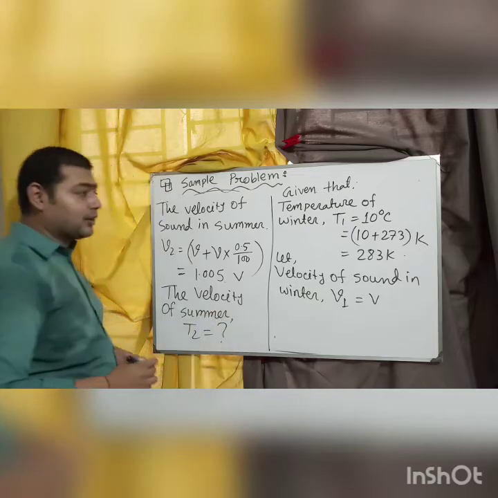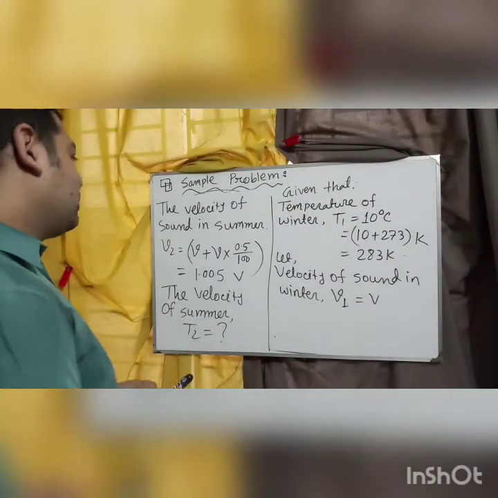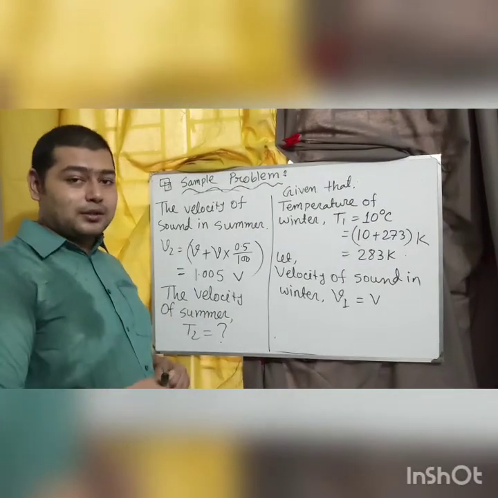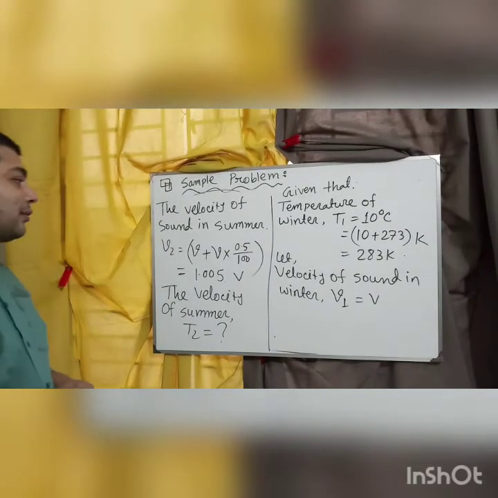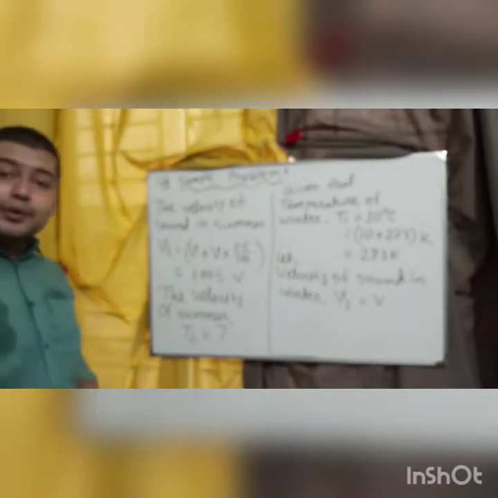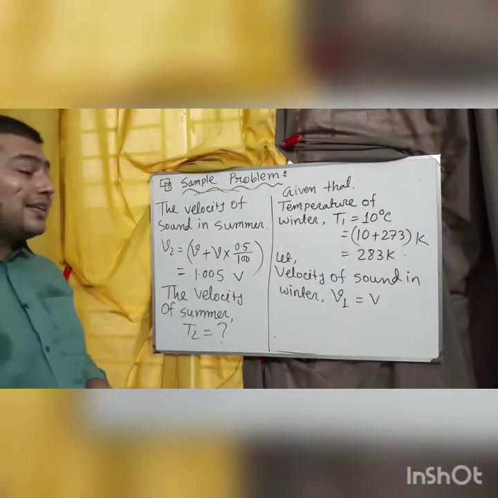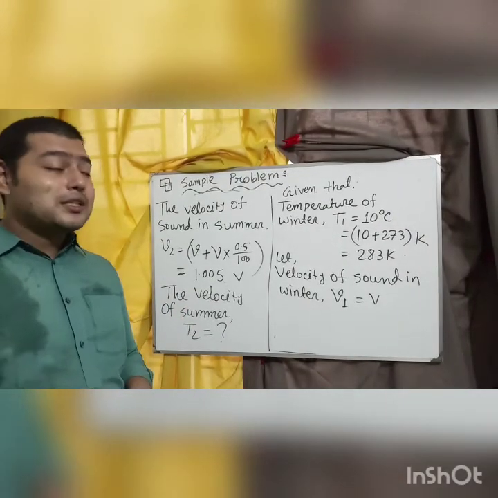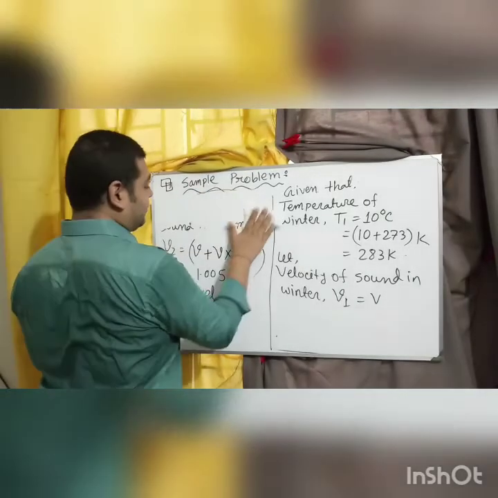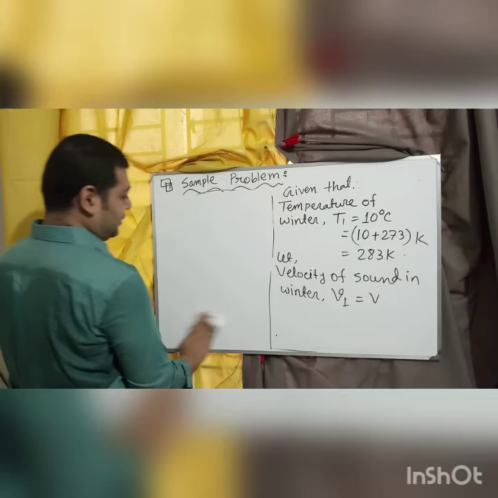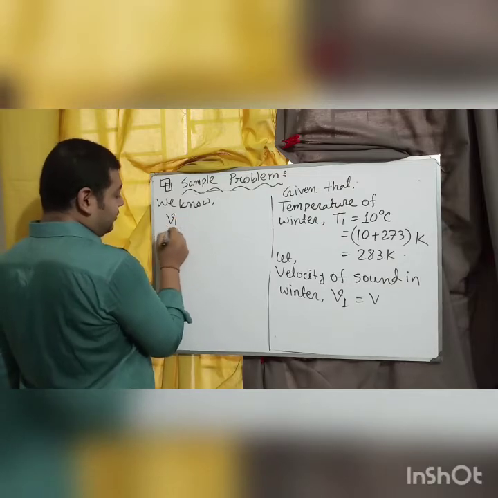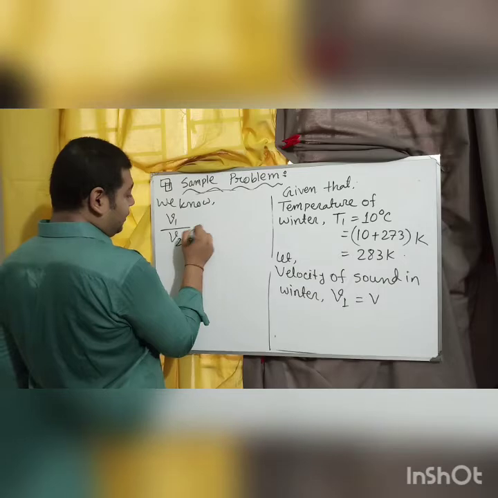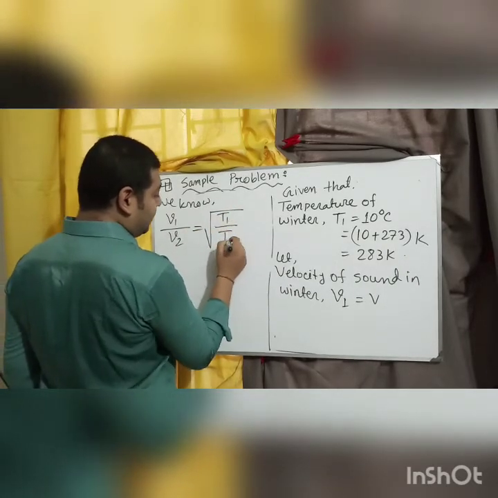T2 equal to what? So what equation will we use? To solve this mathematical problem, we need the equation for the relation between velocity and temperature, and we know that the relation between them is V is proportional to root T. So we can write V1 by V2 equal to root of T1 by T2.